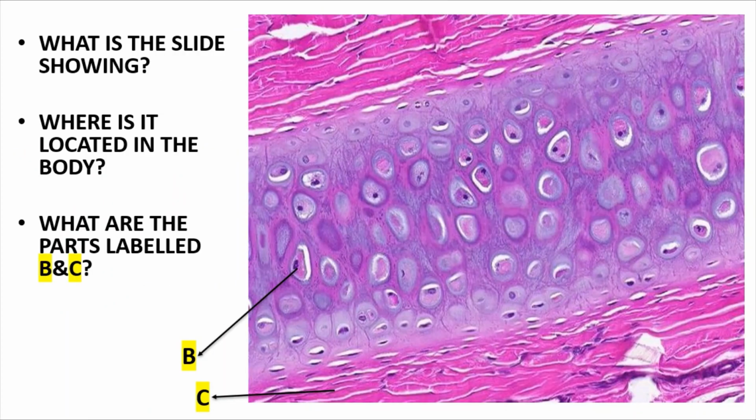What is the slide showing? This slide is elastic cartilage. Where is it located in the body? You can find it in the pinna of the ear. You can find it also in the epiglottis.